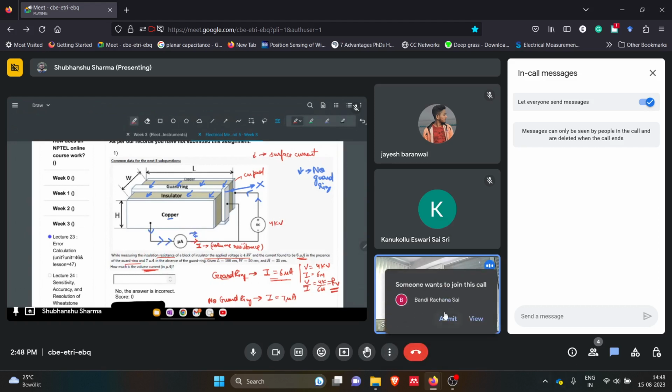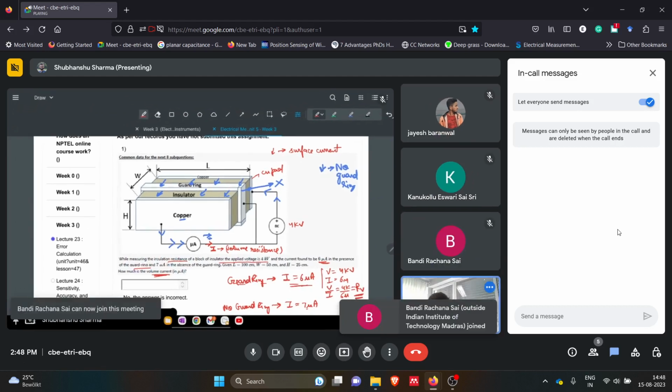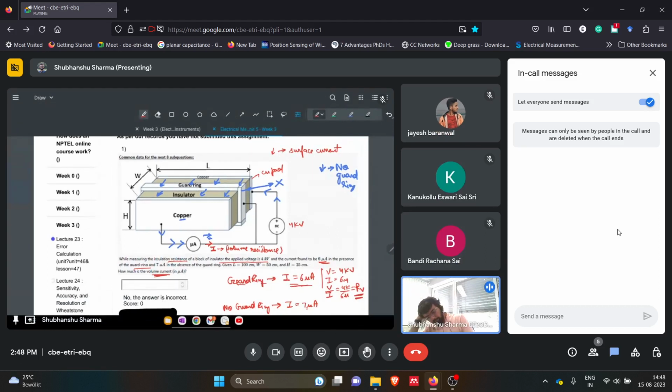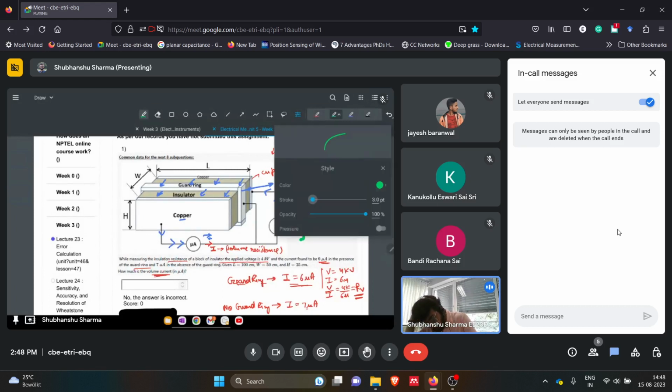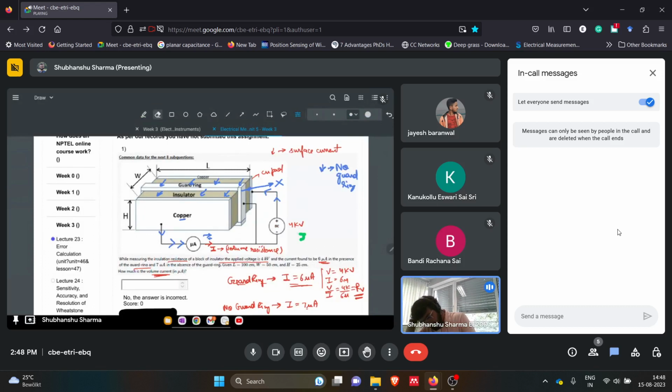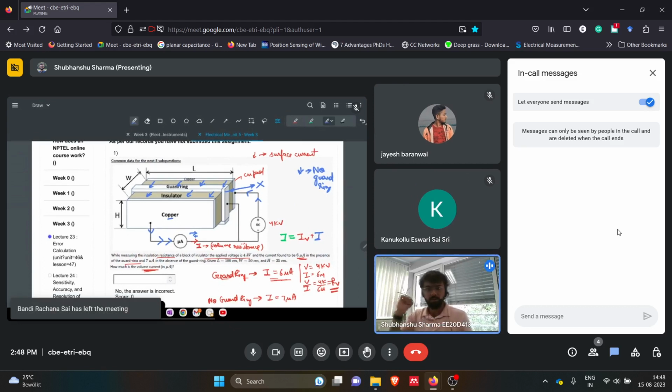So we have two types of currents in this. That means the total current I will be equal to the volume current plus the surface current.